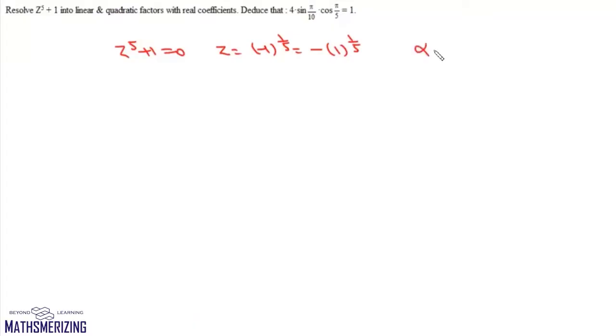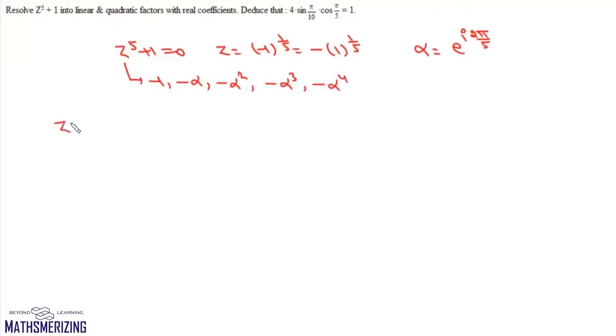Now suppose alpha is the fifth root of unity, which is e^(2πi/5), then the 5 roots of z⁵ + 1 are −1, −α, −α², −α³ and −α⁴.